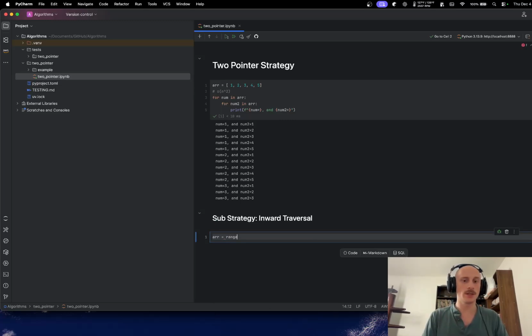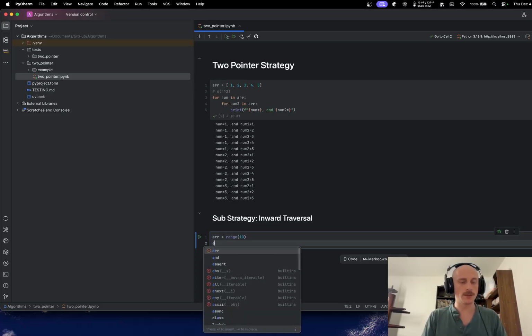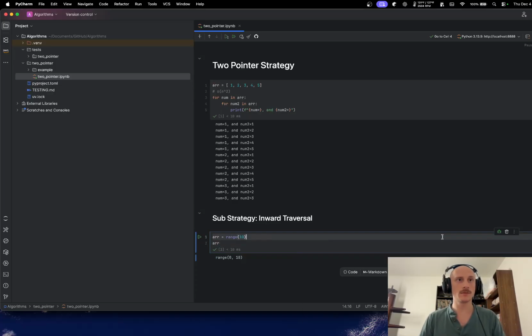range, and we'll go to 10. Let's make sure that this array is what we expect it to be.